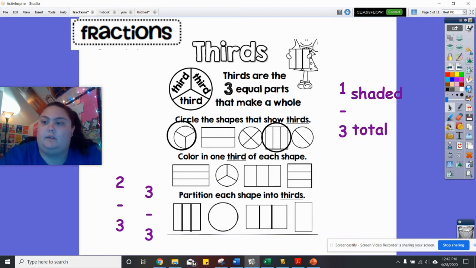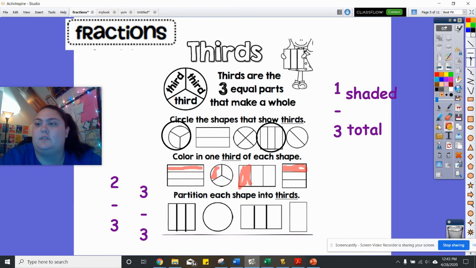All right, so let's color 1. Color 1, color 1. I'm not completely coloring because it's difficult. 1 and 1. So we already started to partition here. I didn't partition this one because it's really difficult to partition in Active Inspire, but I will partition this one for you.